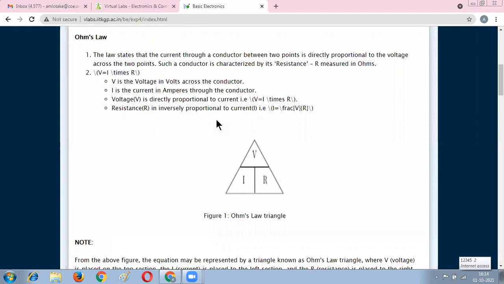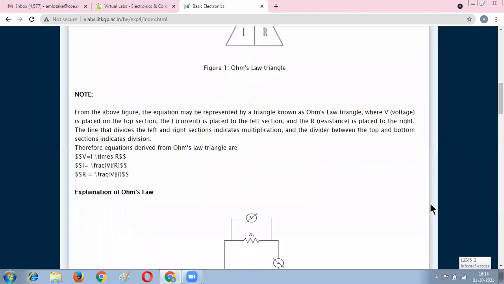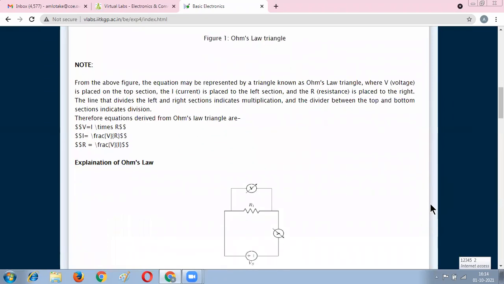So what is the expression? V is directly proportional to I. If you remove the proportionality sign, you get a constant, and that constant is called the resistance.